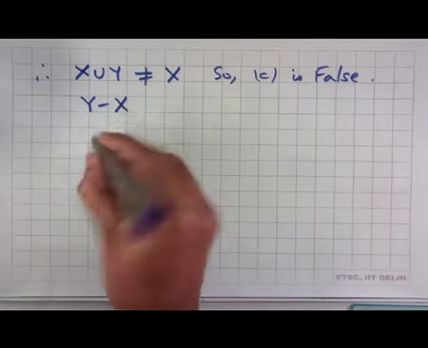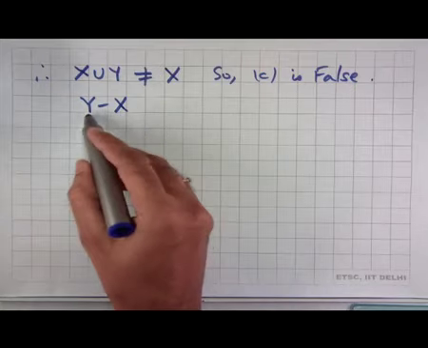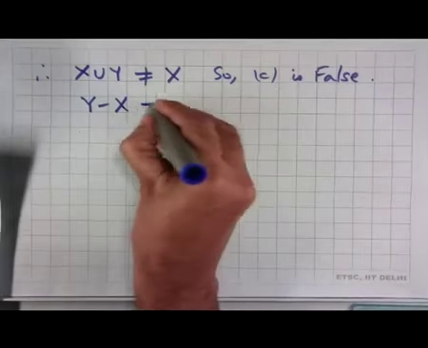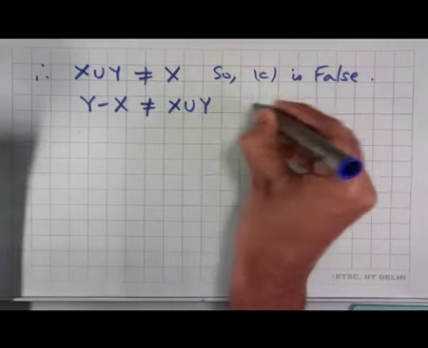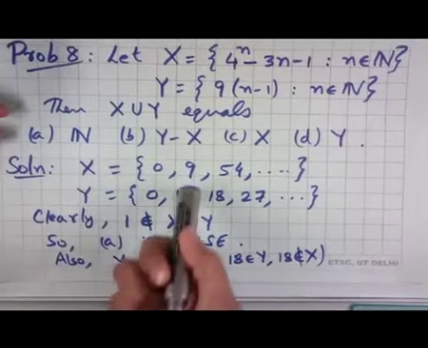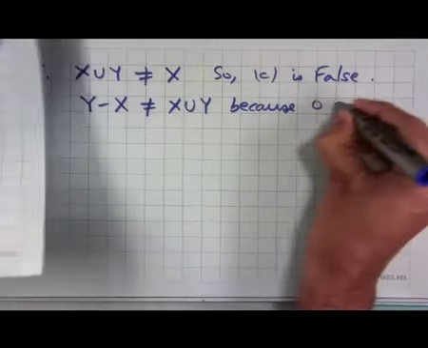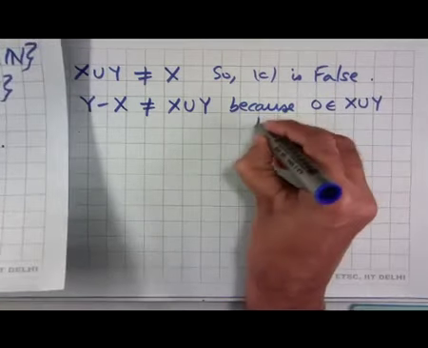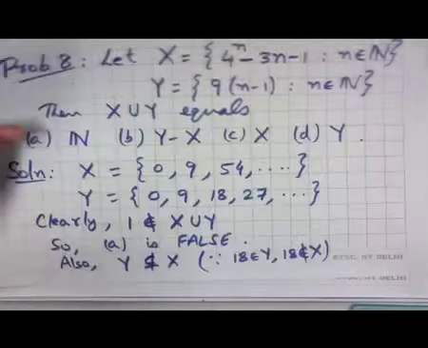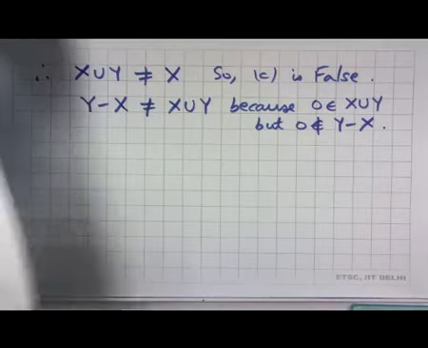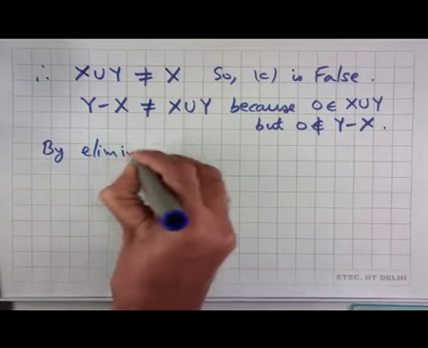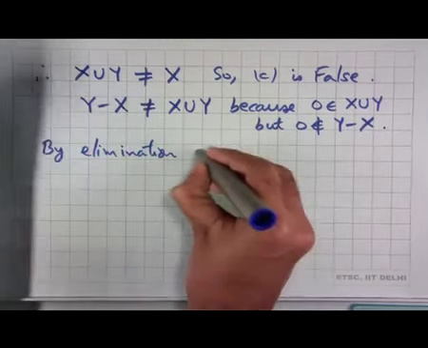This contains all the elements in Y which are not in X. So, this is again not equal to X union Y. This is because 0 belongs to X union Y, but 0 is not in Y minus X, because 0 belongs to both X and Y. So, if you are doing this multiple choice question, the only thing left is, by elimination, D.